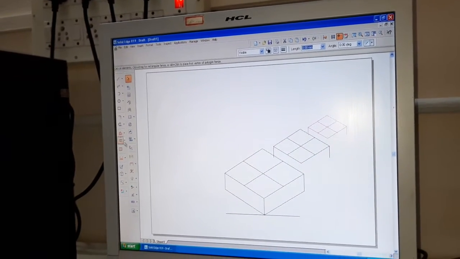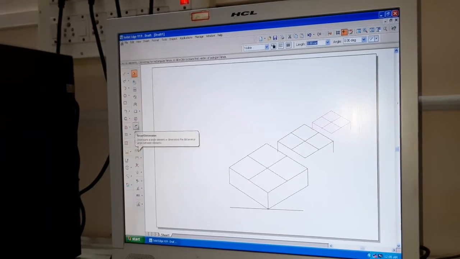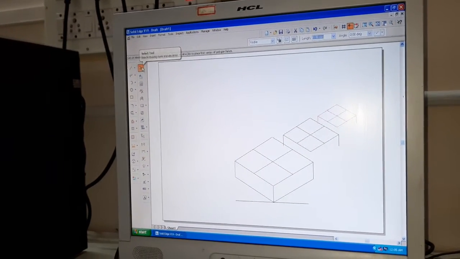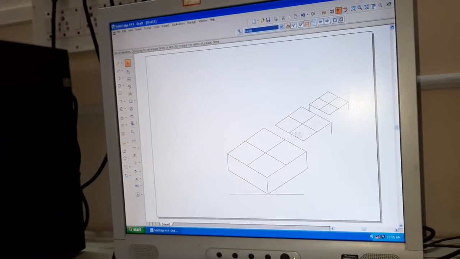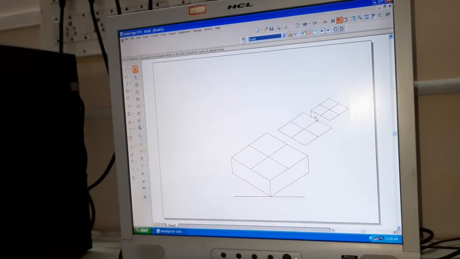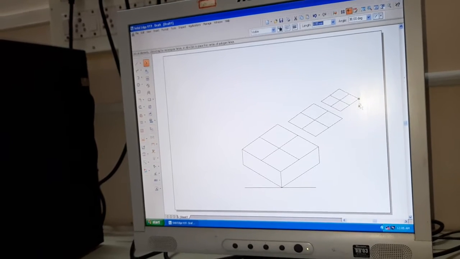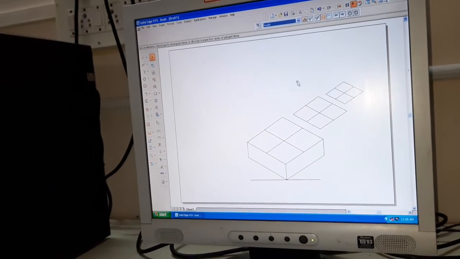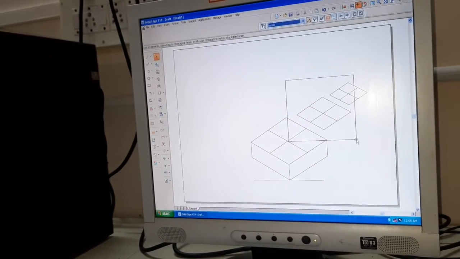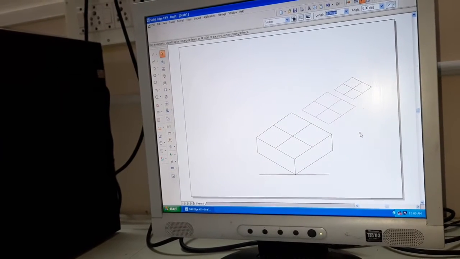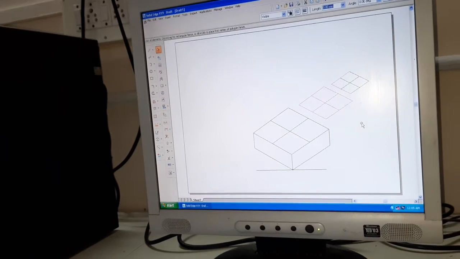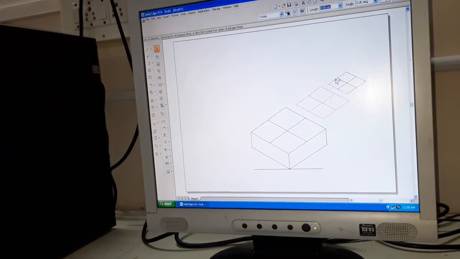And trim the unwanted portion. Select the reduced size, which is 40 by 40.